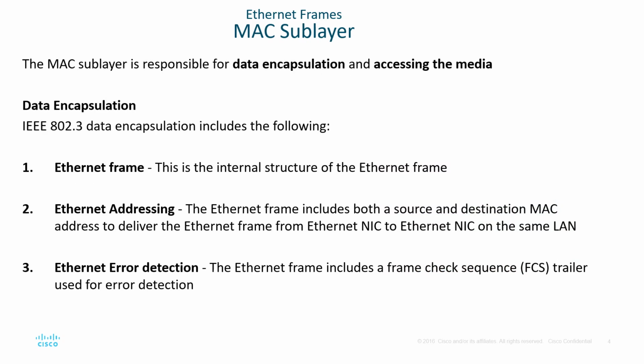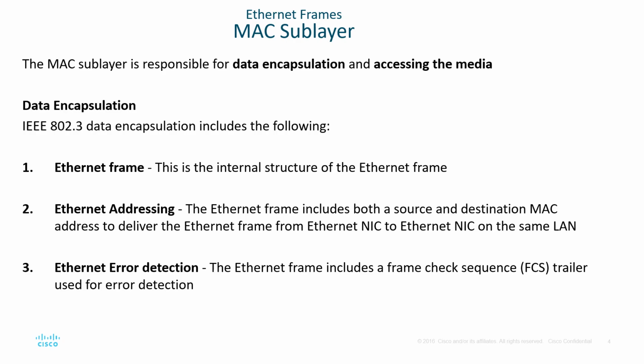Now the MAC sublayer is responsible for data encapsulation and accessing the media. Data encapsulation, defined under 802.3, includes your Ethernet frame. This is the internal structure of the Ethernet frame after it is passed down from the network layer as a packet of information. So at the data link layer, it is going to get Ethernet addressing.